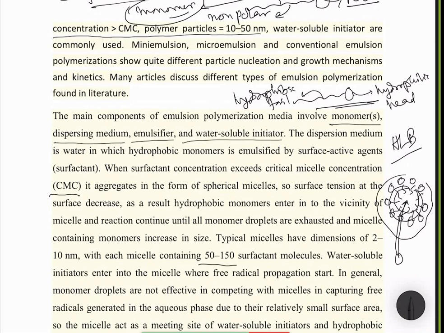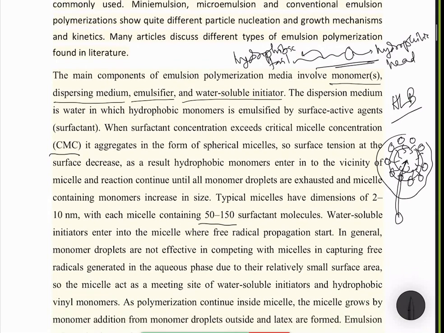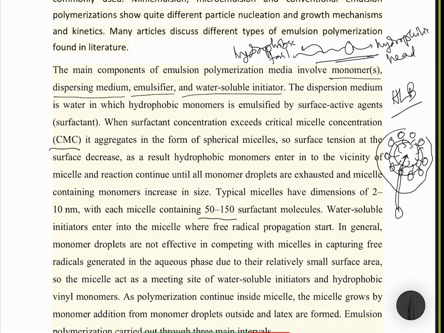A combination of an anionic surfactant, in conventional polymerization, and a non-ionic surfactant must be used in emulsion polymerization in order to have a final very stable dispersion of the polymer particles, or what we call a latex.